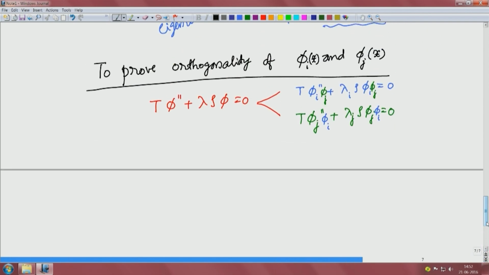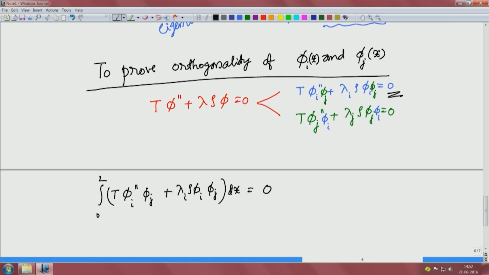So, the same thing: the integral from 0 to L of T phi i double prime phi j plus lambda i rho phi i phi j dx. Since the right hand side is 0, even after integrating it will remain 0.